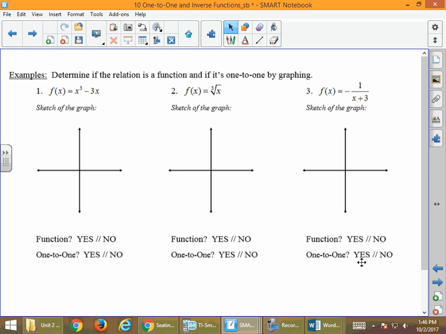So we want to determine if the relation is a function. Remember, we can use the vertical line test to determine if a relation is a function. And it says to sketch the graph, but we don't really know how to graph x cubed minus 3x with our parent function. So let's type it into our calculator.